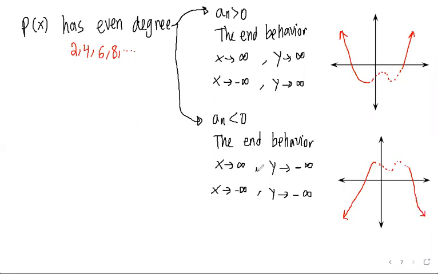Look, when x becomes so large, the y values become so small, going to minus infinity. The same here: when x becomes so small, the y values become so small, going to minus infinity. Okay, any question? Anyone has a question about the end behavior?